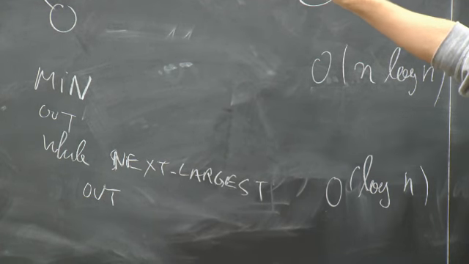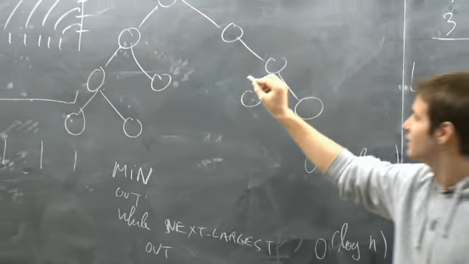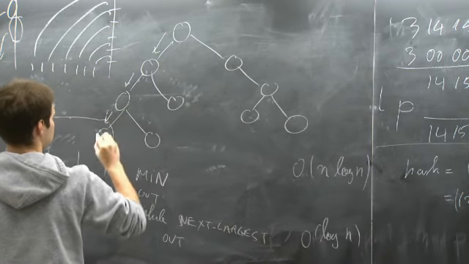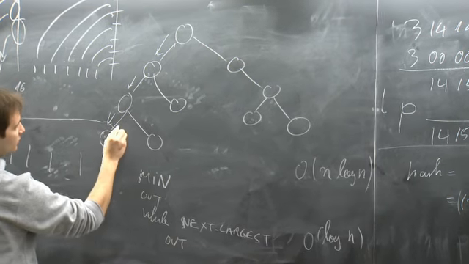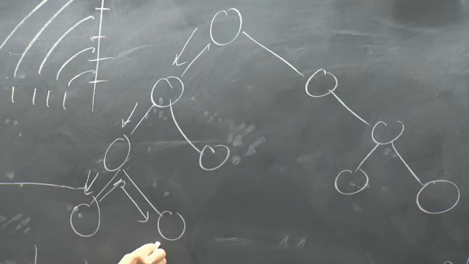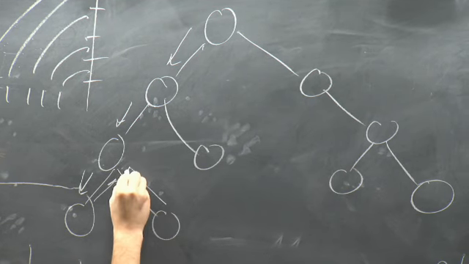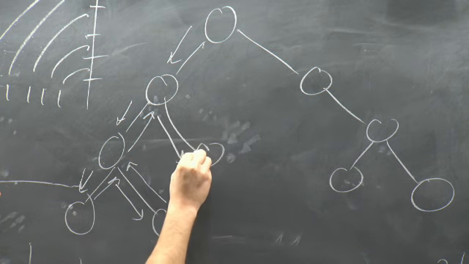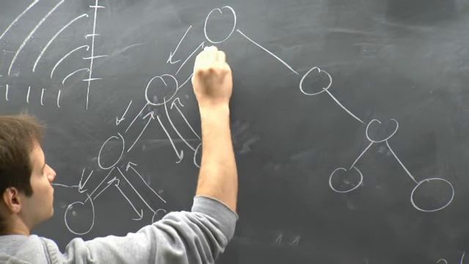But now let's look at what happens using the tree. When I call min, I go down on each edge. Then I call successor, and it outputs this guy. Then I call successor, and it goes here. Then I call successor, and it goes up here and here and outputs this guy. Successor goes here. Successor goes here.